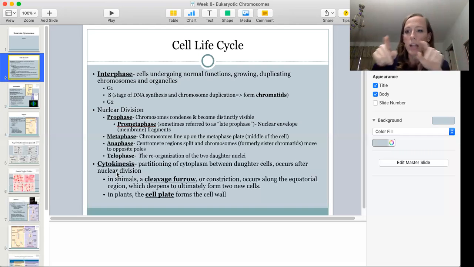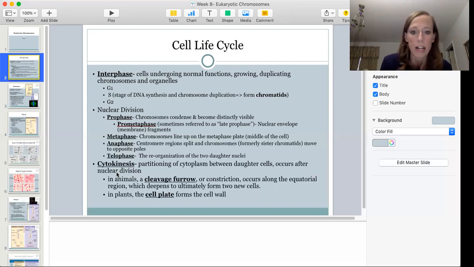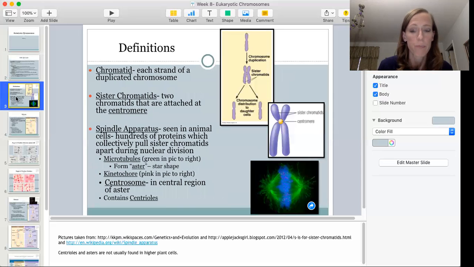So you had two cells, it's going to start to form the cell membrane. There's going to be a constriction formed between the two before they ultimately divide. And then in plants, you're going to start to see what's called a cell plate form, which will ultimately become the cell wall for the two daughter cells, okay.